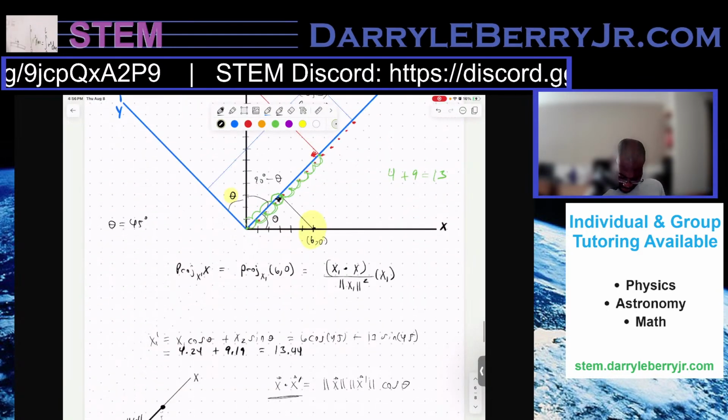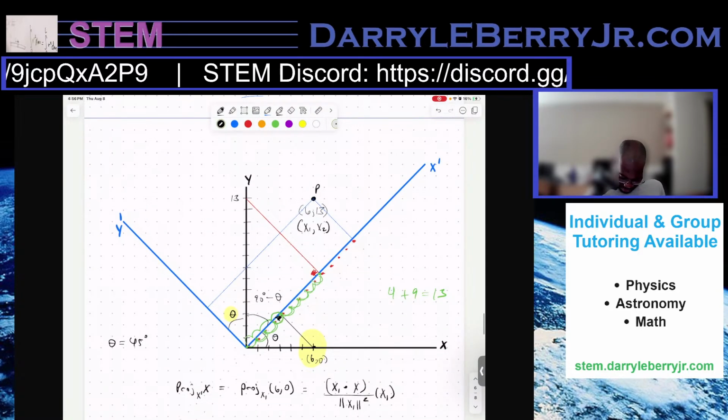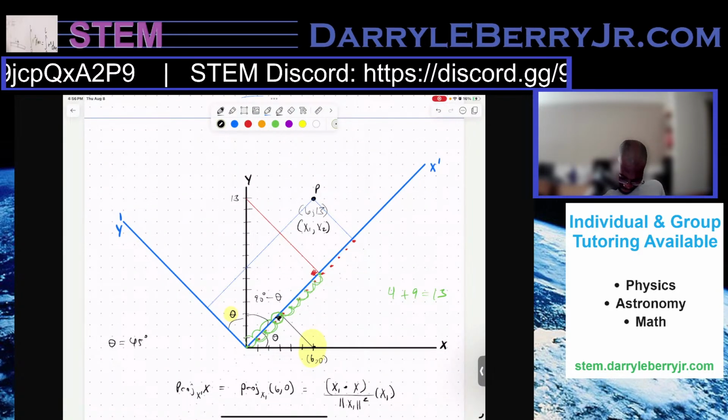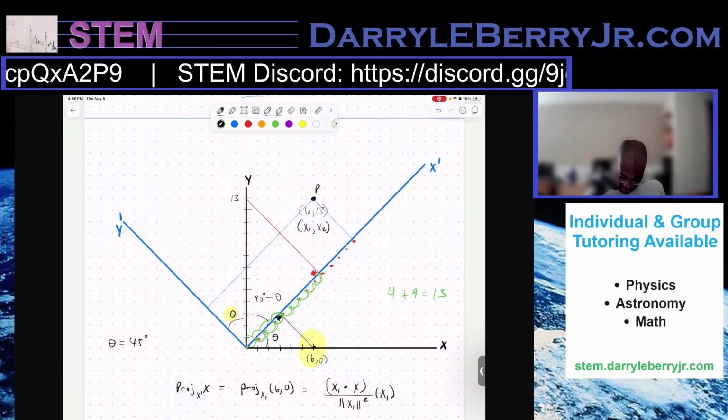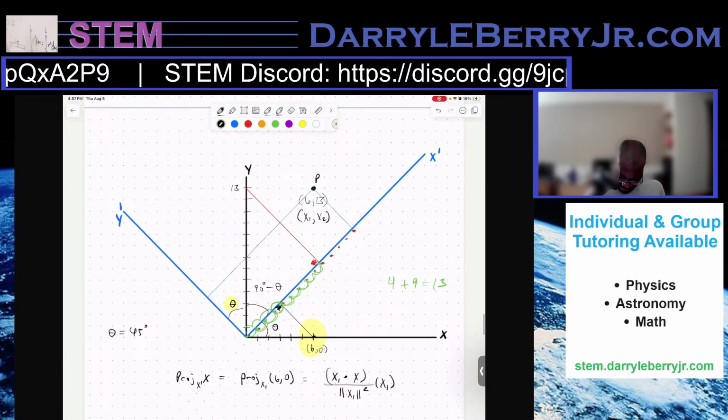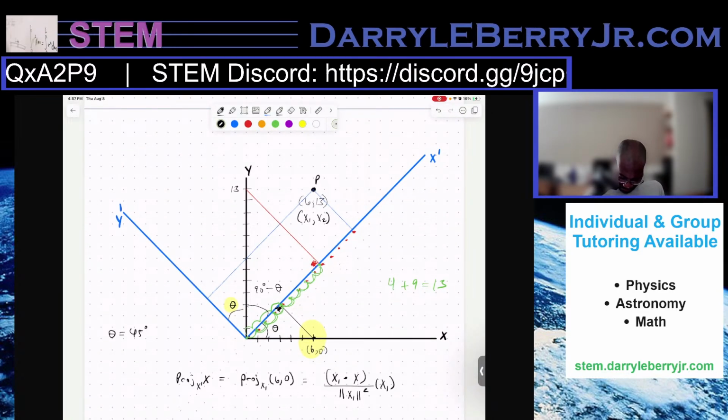All right, so now we know that the projection of y onto x prime and x onto x prime gives us the x prime value.